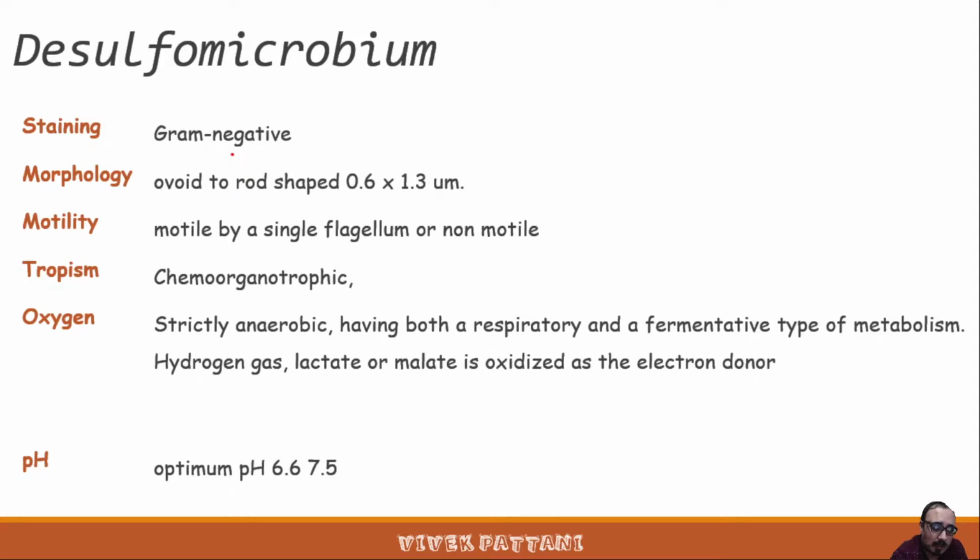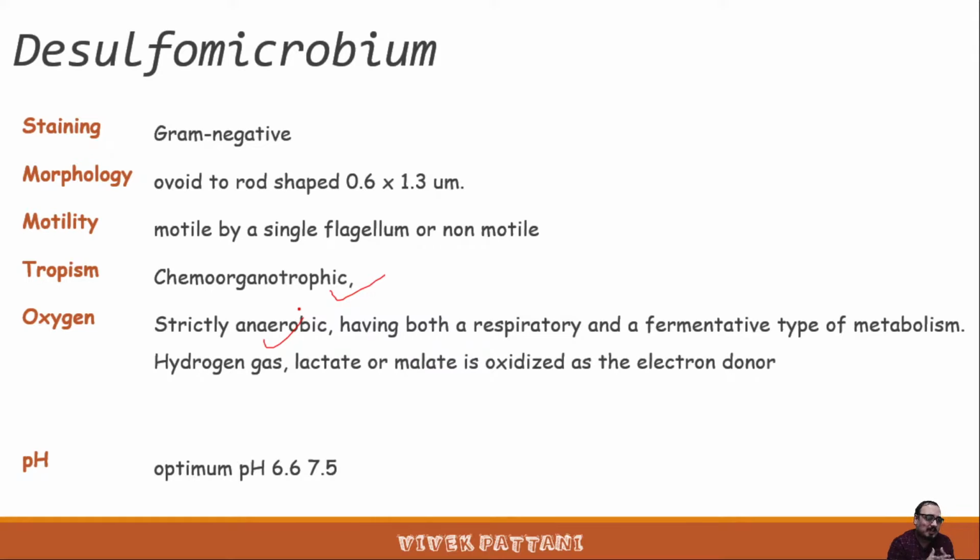Now the next one is Desulfomicrobium. They stain gram negative, with morphology from ovoid to rod shape, and are motile by means of a single flagellum. They are chemoorganotrophs and strictly anaerobic, with both respiratory and fermentative metabolism.